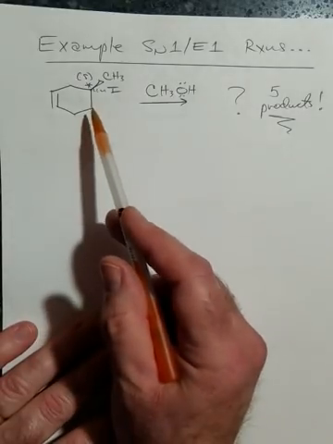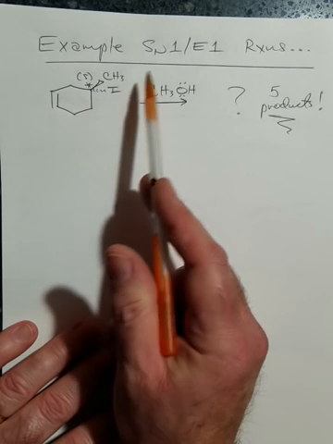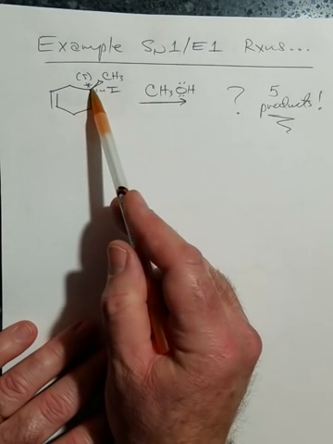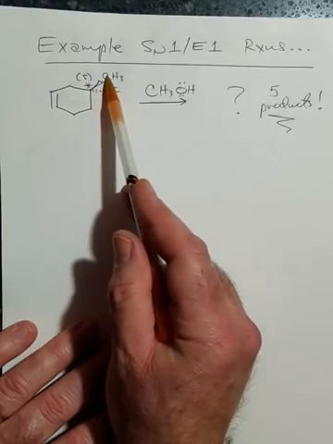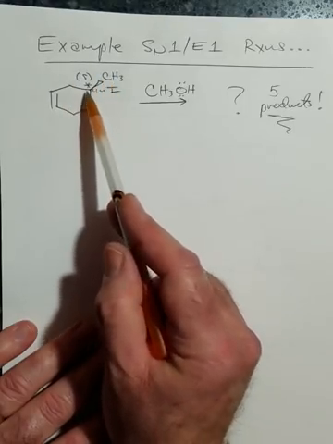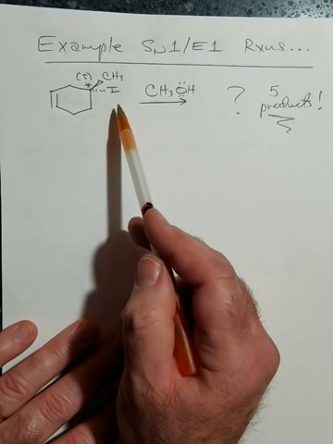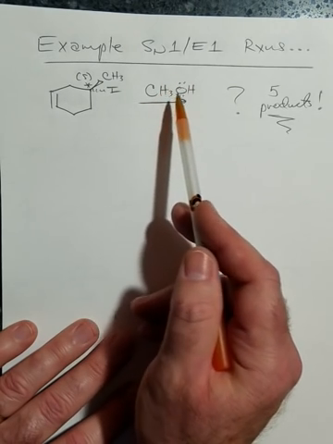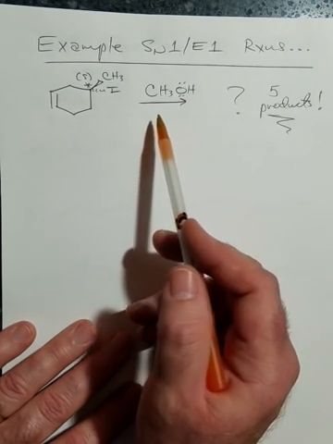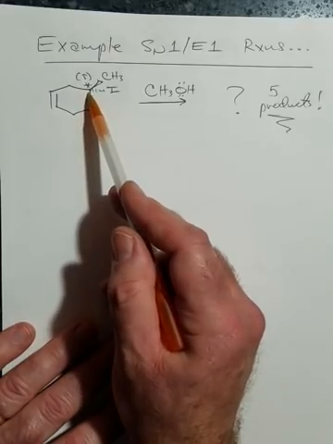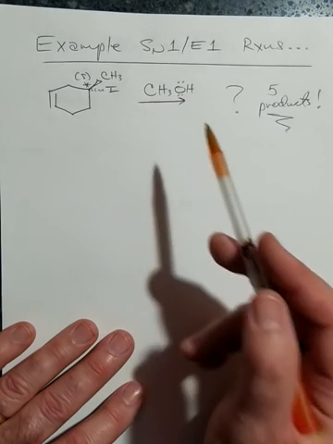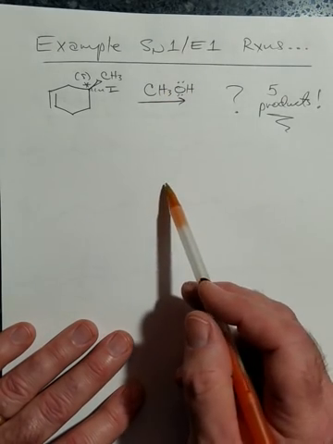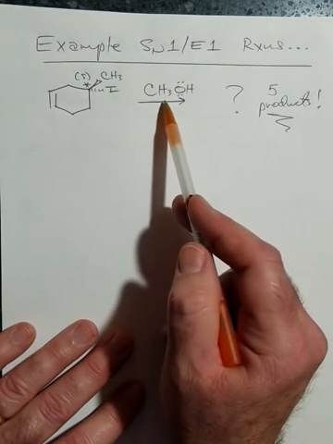We suspect that this could very well be SN1 and E1 based upon the fact that I have a tertiary substrate, so the carbon attached to the leaving group is also bound to 1, 2, 3 other carbons. It's tertiary. I don't have a strong nucleophile, which would rule out an SN2, and it's a tertiary substrate anyway, so that also rules out an SN2. I don't have a strong base, which would rule out an E2. I do have a polar solvent.